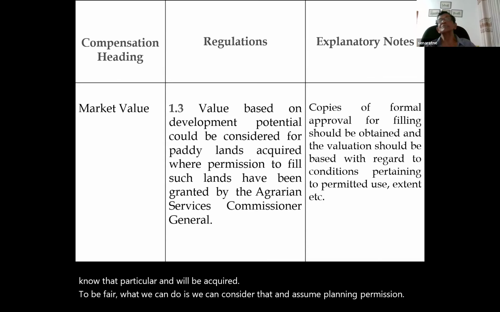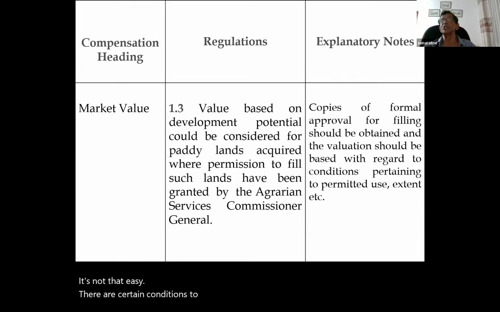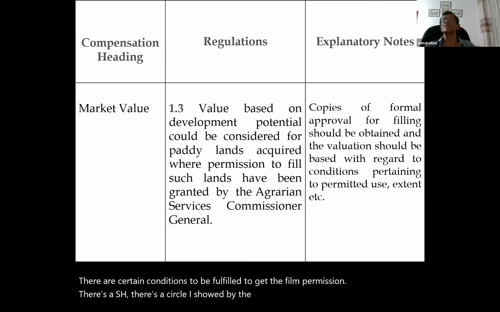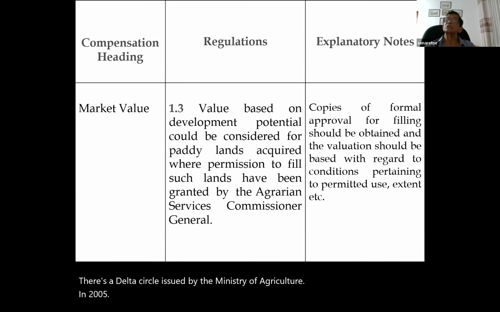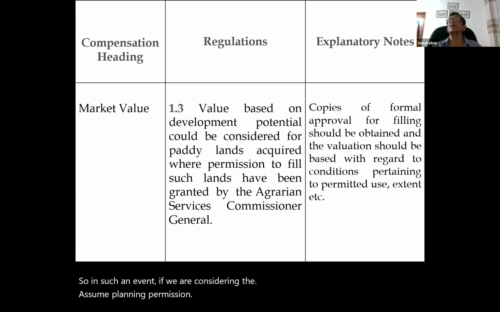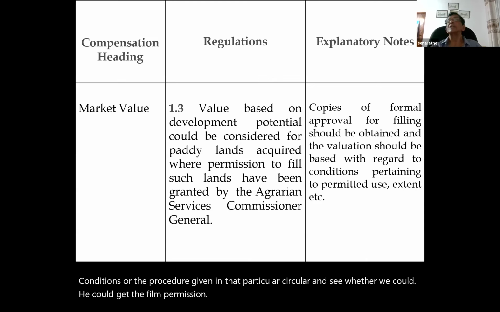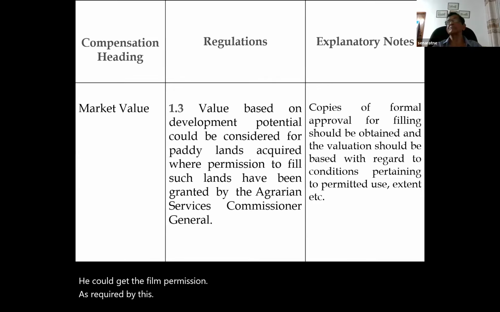It's not that easy. There are certain conditions to be fulfilled to get the filling permission. There's a circular issued by the Ministry of Agriculture in 2005. So in such an event, if we are considering assumed planning permission, we have to look at the conditions or the procedure given in that particular circular and see whether we could get the filling permission as required by this section.